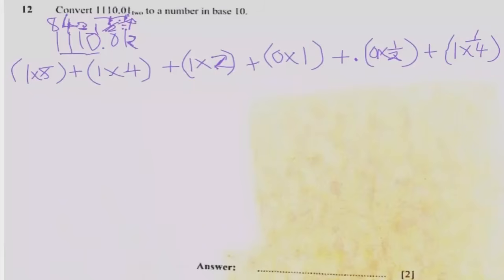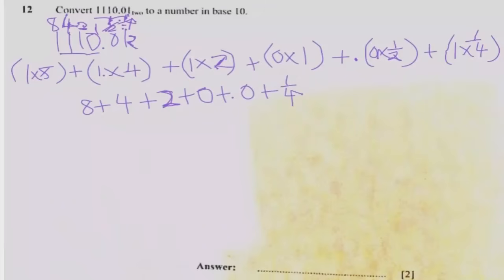So 1 by 8 will give us 8, plus 1 by 4 will give us 4, plus 1 by 2 will give us 2, then plus 0 by 1 will give us 0. So write 0. Then we can say plus a decimal point. Then 0 times 1 over 2 will give us 0. Then plus 1 times 1 over 4 will give us 1 over 4.